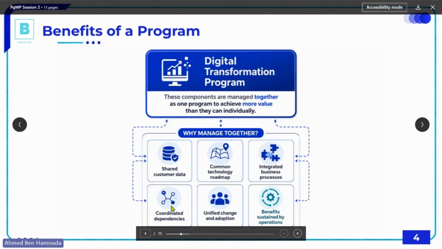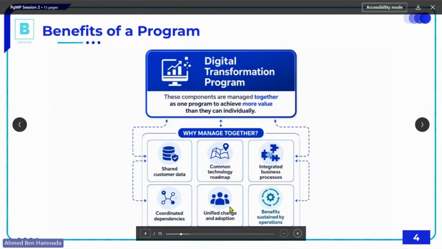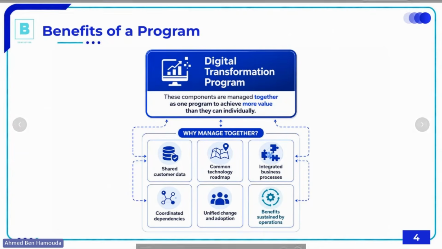Maybe because of technical dependencies that need closer coordination, mainly because changes are unified and properly adopted into the program. Then you explain to your management or leadership, as it's called in the program management standard, why you need to manage those projects under one program umbrella.